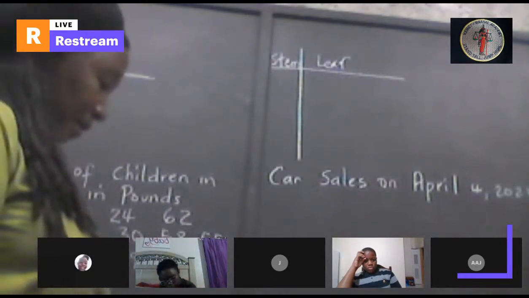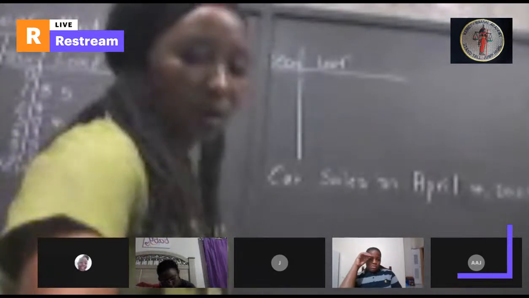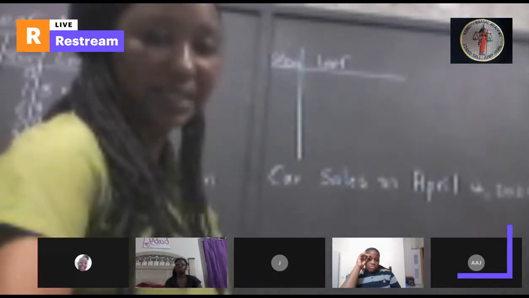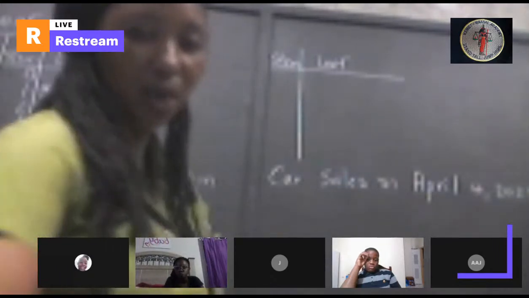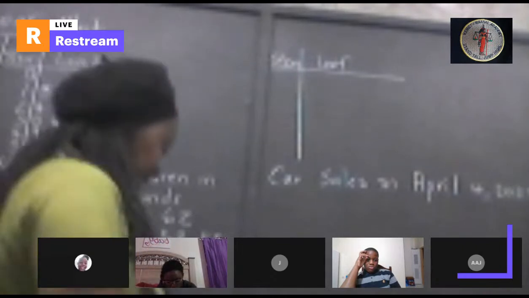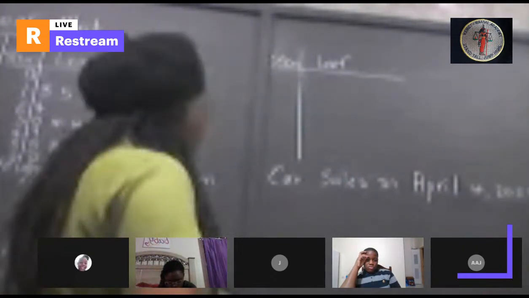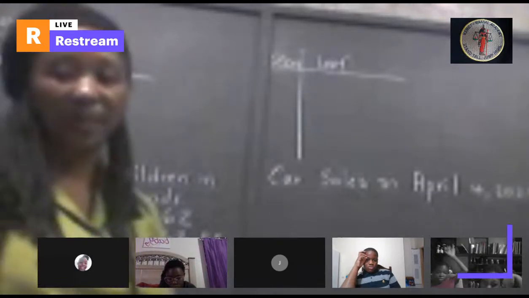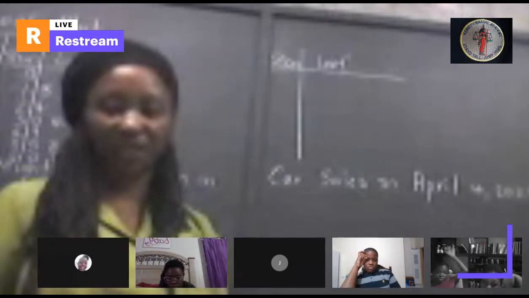In addition to the mode, median, range and mean, we're also going to find some probabilities like we did last week. These are the numbers of cars that were sold by car salesmen at this particular dealership.